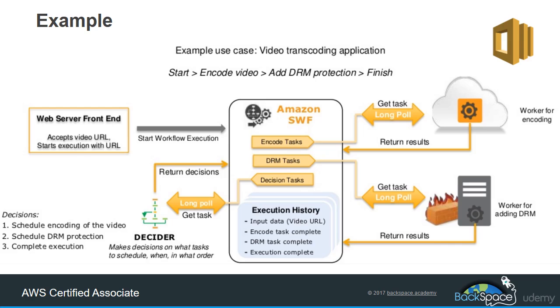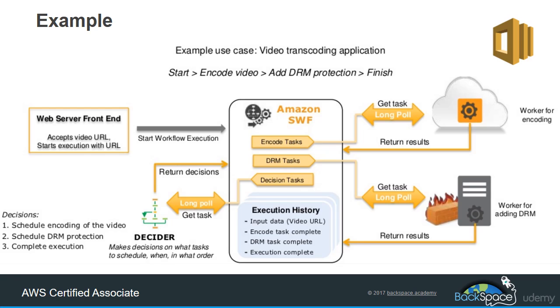From there, SWF will create a task for encoding, and it will put that task into a task list, and it will sit there until such time as an activity worker is available to do that task. When that task is finished, it will return the results, and those results will be looked at by the decider actor.